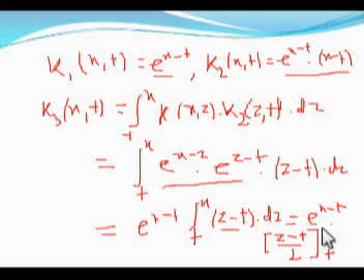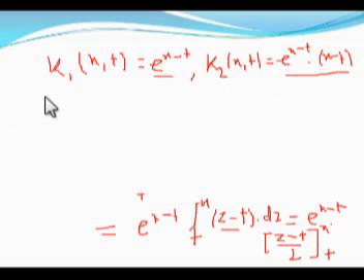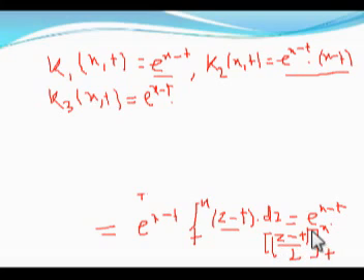If we put x and t, then K3(x,t) will be e to the power x minus t into x minus t whole square by 2.